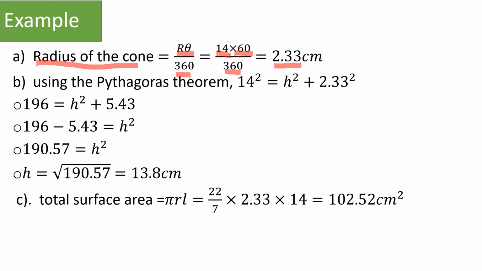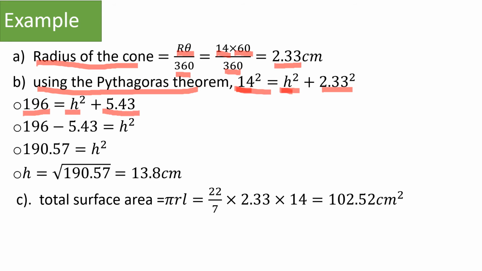So now, using Pythagoras theorem, 14 square is equal to h square plus 2.33 square. So 14 square is 196, then 2.33 square is 5.43.